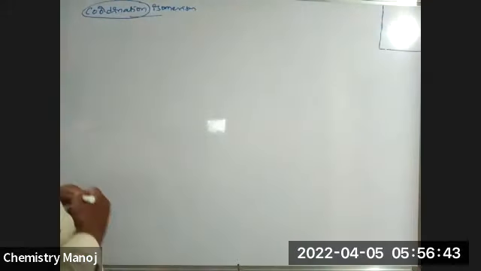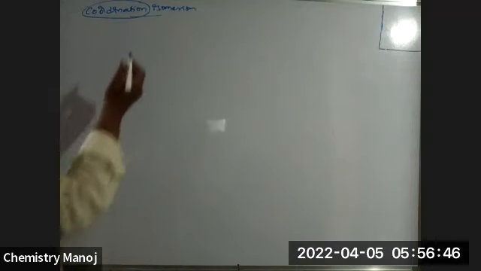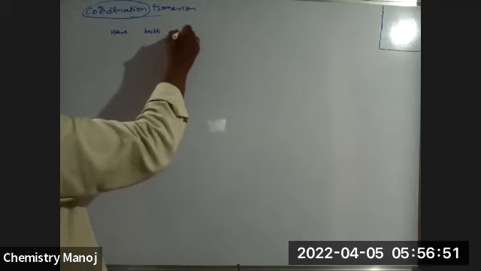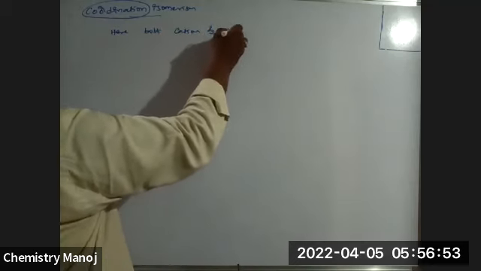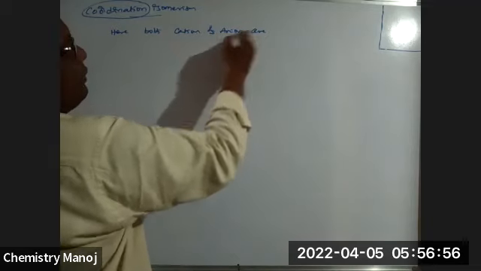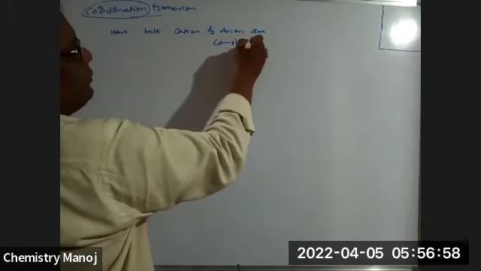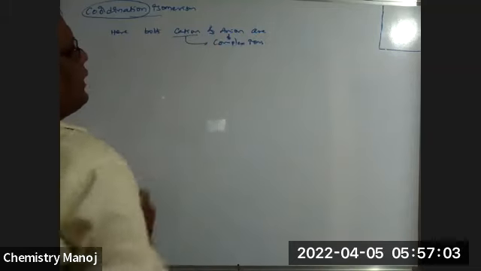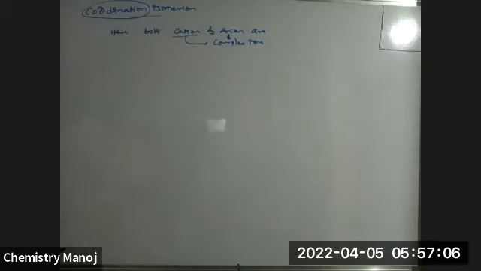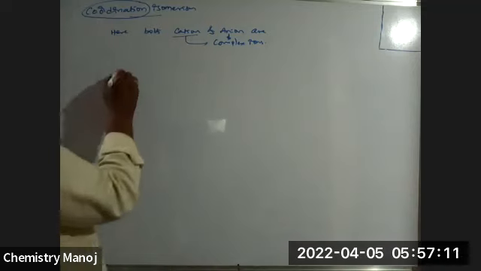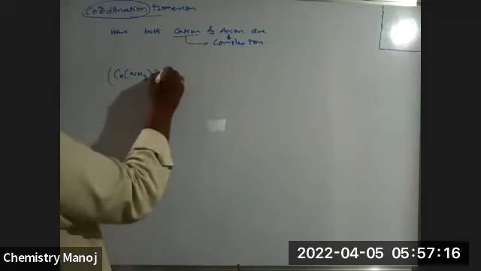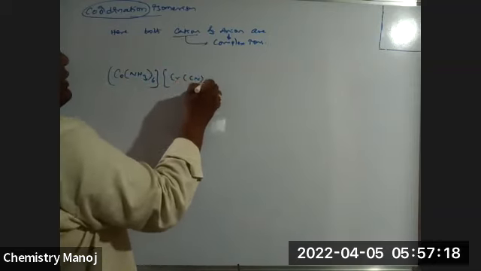Okay, so let's see, my dear, when it is possible. Here both cation and anion are complex ions. Cation should be a complex ion, anion also a complex ion; other ions do not exist. For example, [Co(NH3)6][Cr(CN)6].